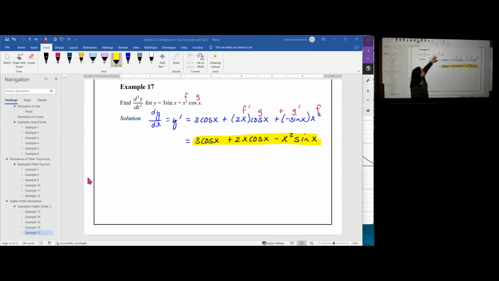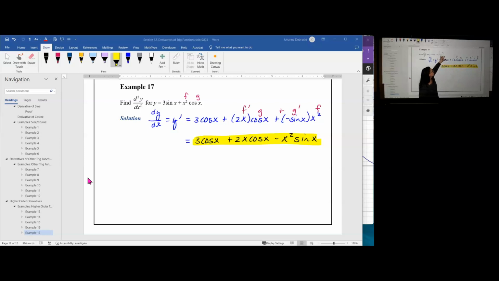Our function is 3 sine x plus cosine squared times cosine x. The derivative of the first term is just 3 cosine of x. The second term has a product of 2 functions of x, so I need the product rule. I did the derivative of x squared in my head to get 2x, multiplied by the second factor cosine x.